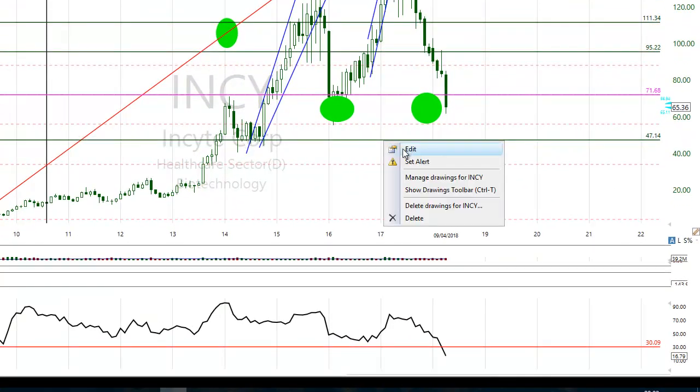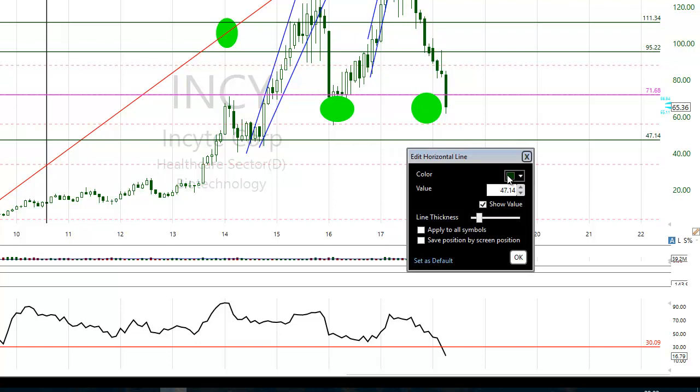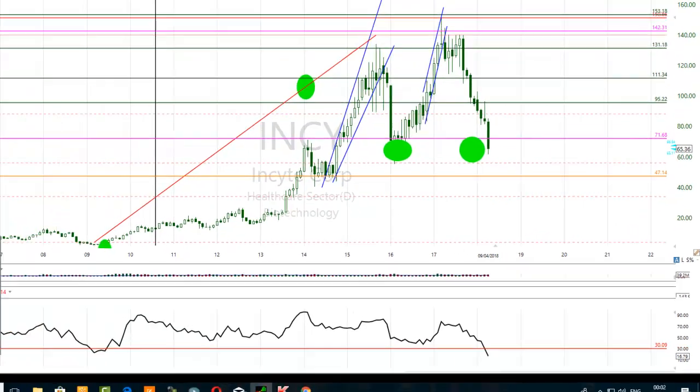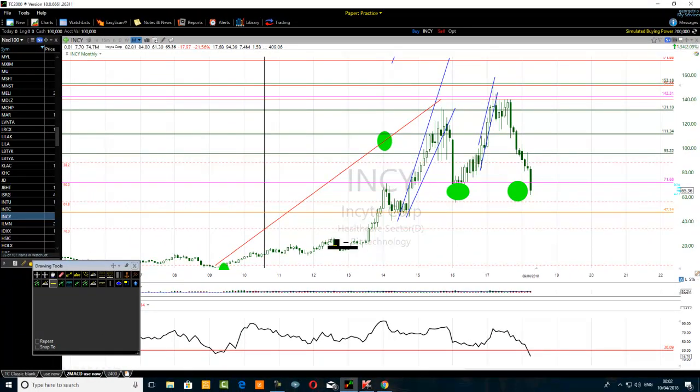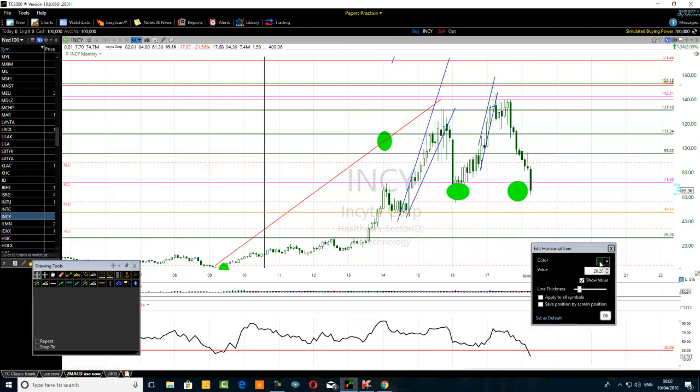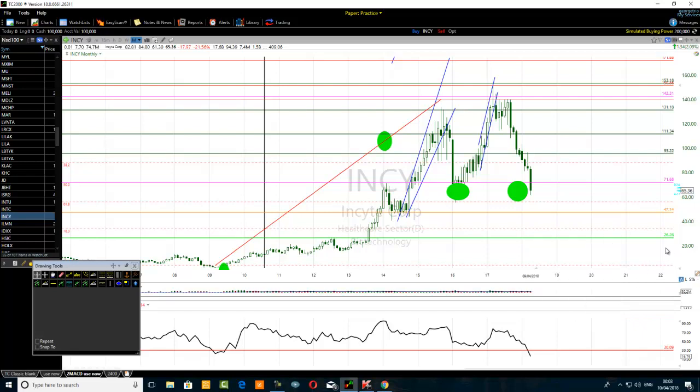There's another support level here that I'm going to color orange. The support level is at 4714. There is another support level right here. Let's color that green at 2626. That's a beautiful number, 2626. You can't forget that. Okay, so here it is.